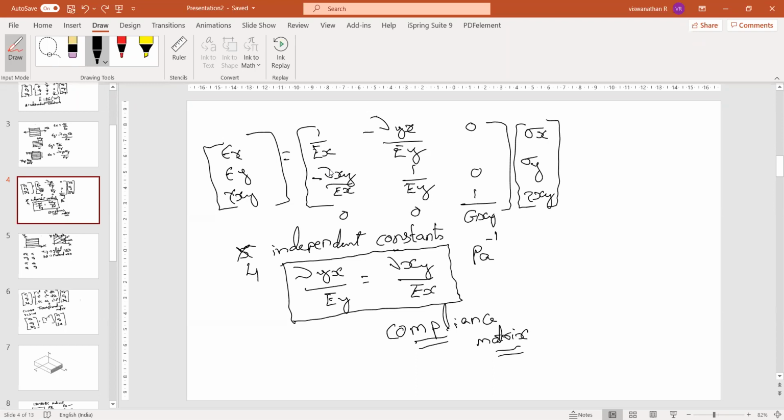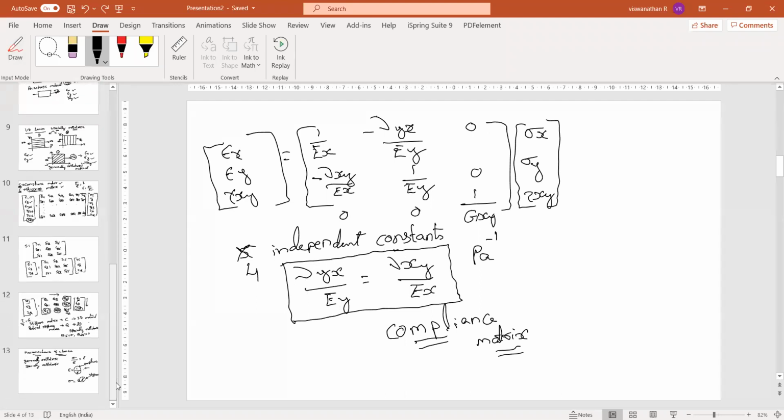The moment you see 1 by E, call it the compliance matrix. Nu yx is the minor Poisson's ratio, nu xy is the major Poisson's ratio, and they are related by this equation.